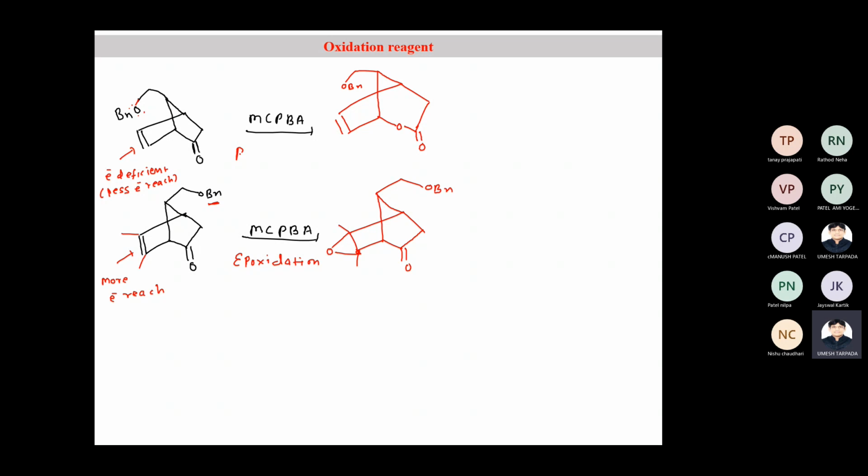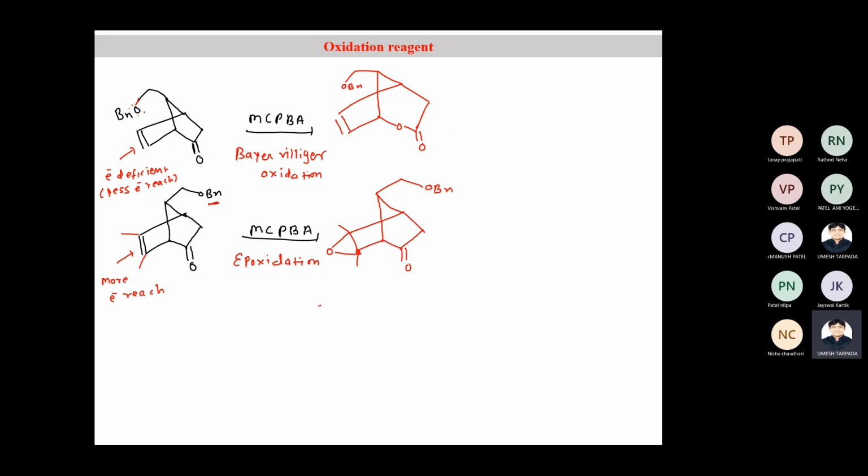So this is called Baeyer-Villiger. Okay, in one case it is epoxidation, and in one case it is Baeyer-Villiger oxidation, depending on the type of reagent.